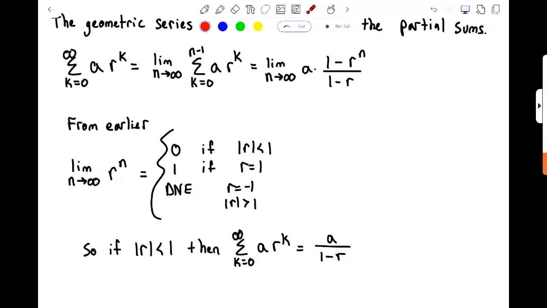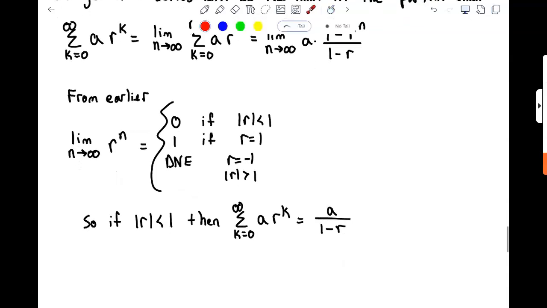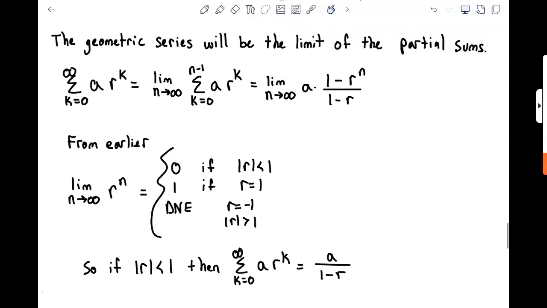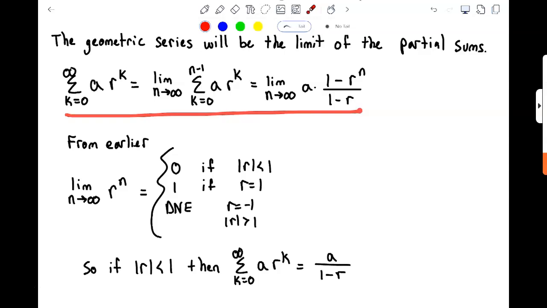So for infinite series, when it converges, it's actually a lot easier to compute what it converges to than it is to compute the partial sum at some point. So again, just to recap, the limit of the geometric series is the limit of this expression.